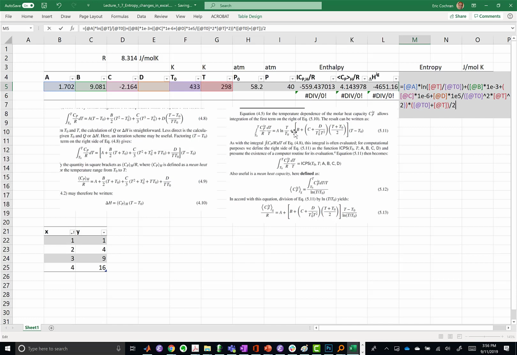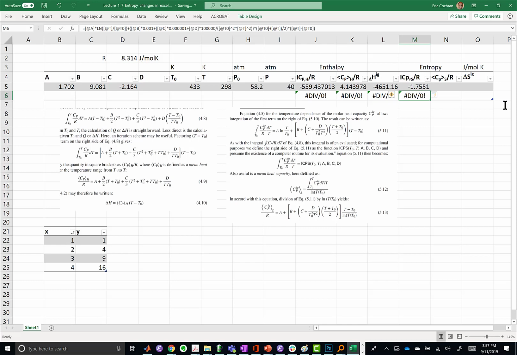And now we're going to close off the bracketed expression. It should match with B up here on the top. And now we multiply by T minus T0. T minus T0. Yikes, there it is though. So that should be the delta S, the temperature part of the delta S divided by the ideal gas constant.